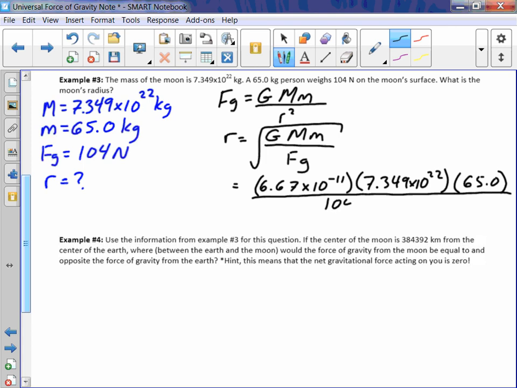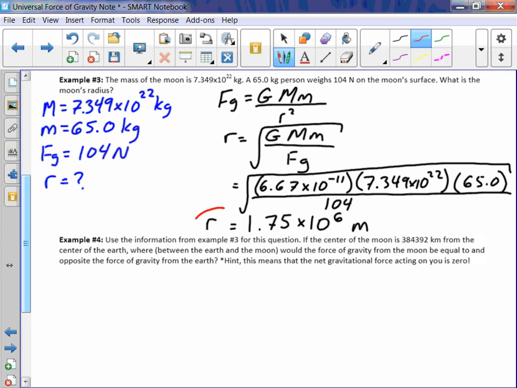So 1.75 times 10 to the power of 6 meters. I got 1.75 million. I got it right.